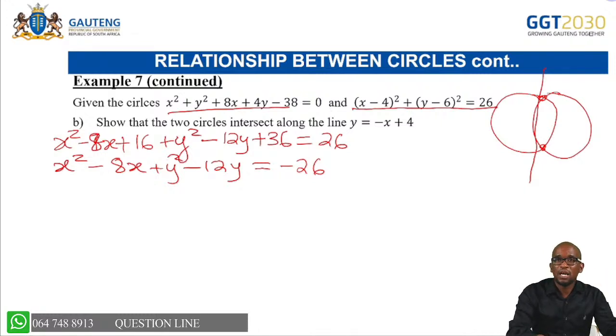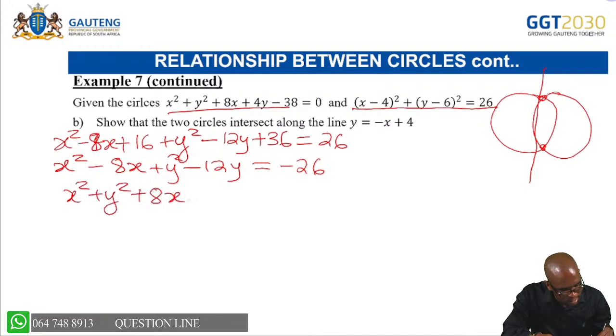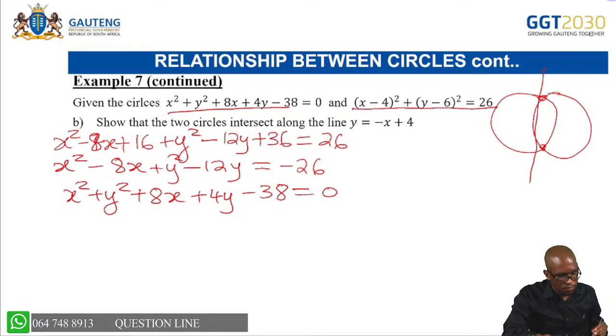Now, from there, we are going to use the method of elimination to solve the two equations. So I'll write the first equation: x squared plus y squared plus 8x plus 4y minus 38 is equal to 0.